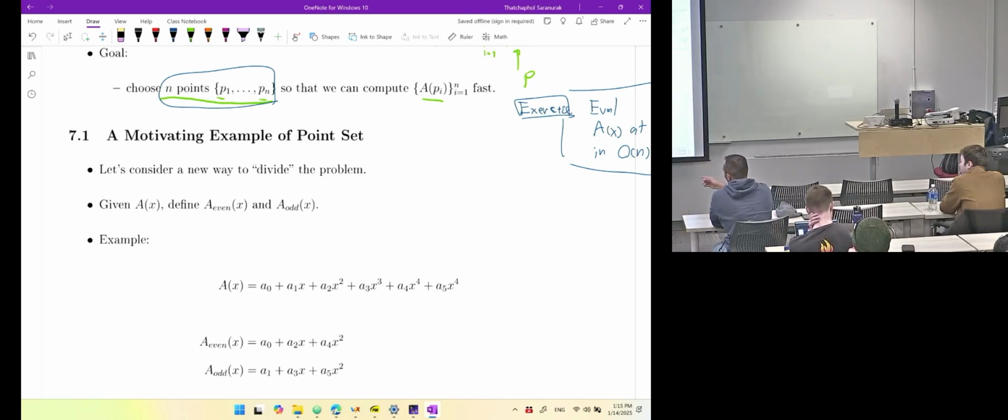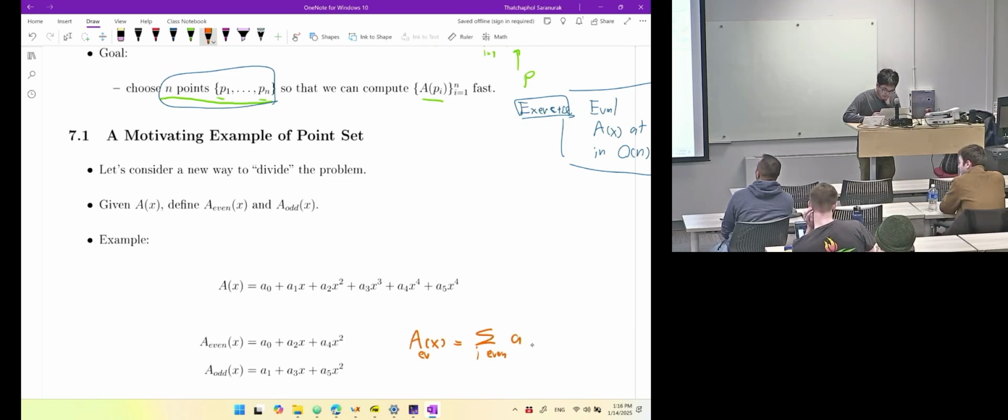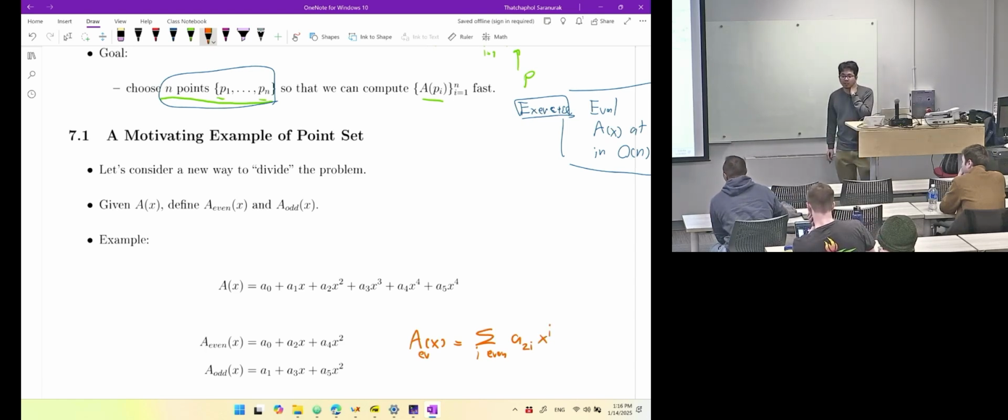For example, A even of x is A0 plus A2 x squared. Right, so you have the degree. In general, A even looks like the sum of A_2i times x to the i.